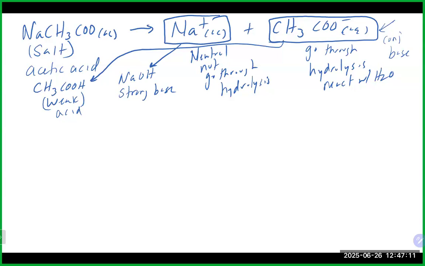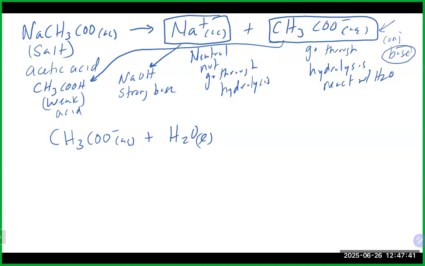Yeah, the salt that's produced from that reaction will not continue to react with water at that point because they're relatively weak, so they will not continue to react with it. At this point, we do know it's going to be its conjugate base, and that's really helpful if we want to write the actual hydrolysis reaction. So I'm going to take my acetate and react it with water, and once again, this is going to act as a base.